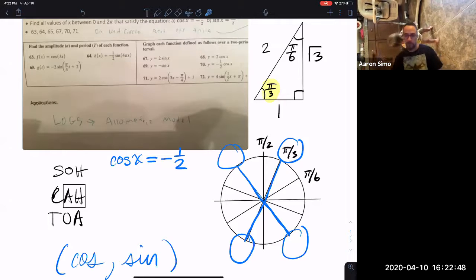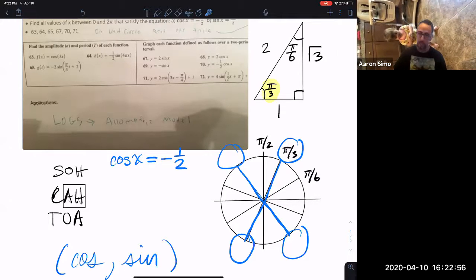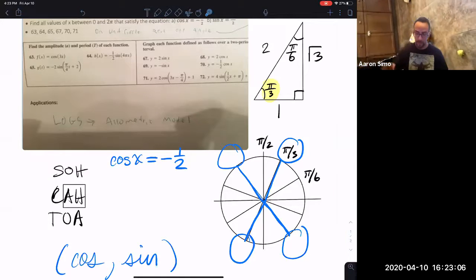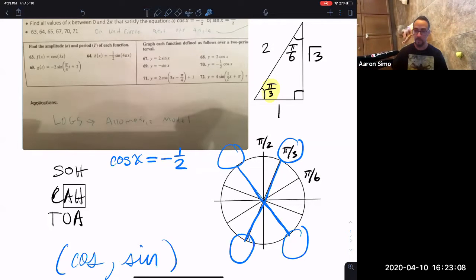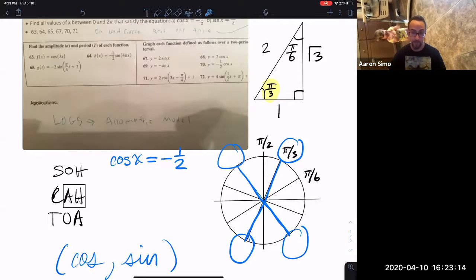Between 0 and 2 pi, cosine is equal to 1/2 here and here, and negative 1/2 here and here. So these are the 4 locations where cosine equals absolute value 1/2. It's positive on this side and negative on this side.